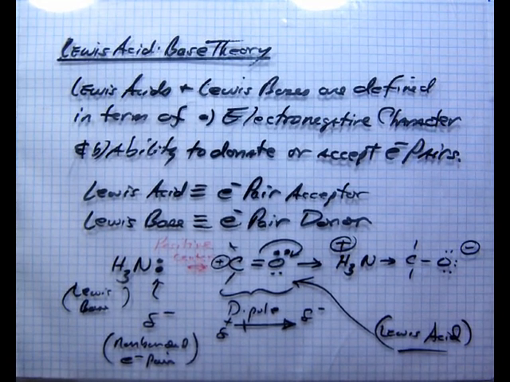The point is, what reacted here is not a hydrogen or a hydroxide. So when we're talking about Lewis acids and Lewis bases, we're talking about reactions that do not involve hydrogen and hydroxide. Now that's as far as I'm going to go with the Lewis acid-base theory. In organic chemistry, you will be carried way into the issue.